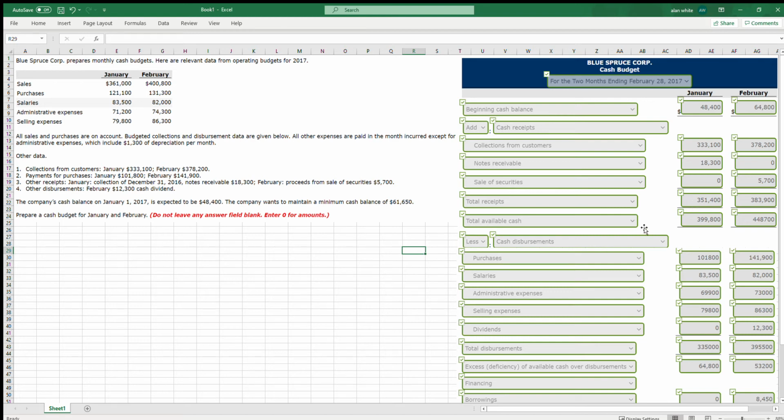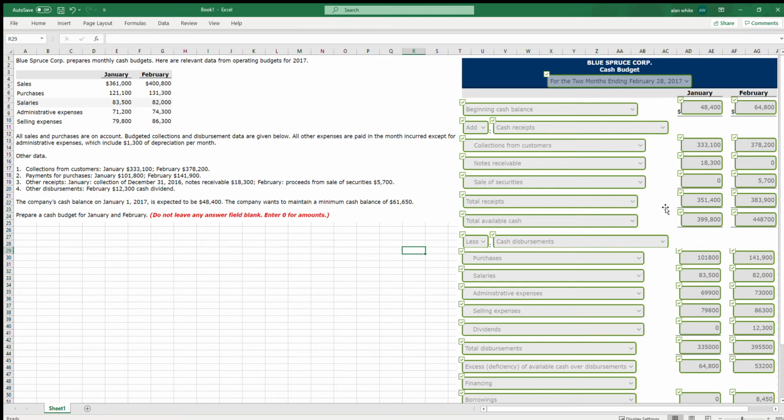Okay, the next line is our total available cash. In order to get that, we're going to add together our beginning cash balance and our total receipts for the month. So in this case for January, it'll be $48,400, our beginning cash balance.